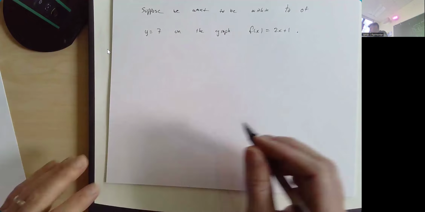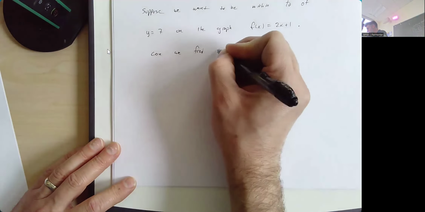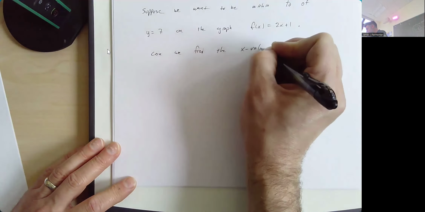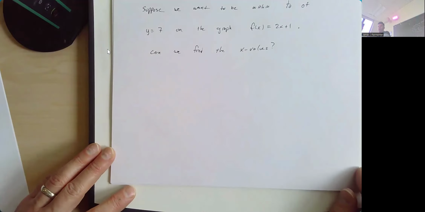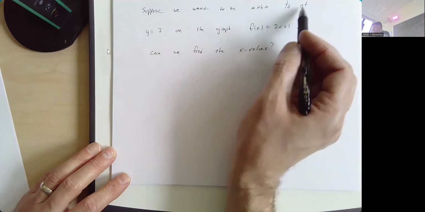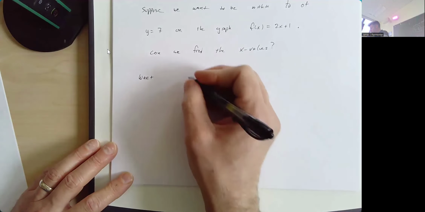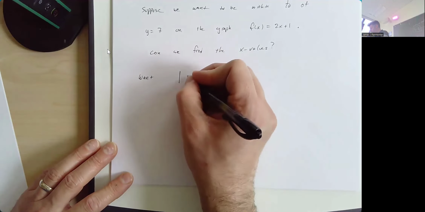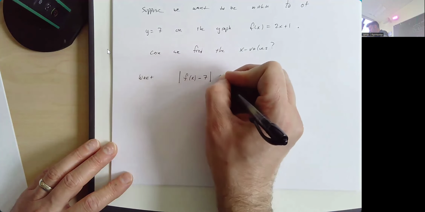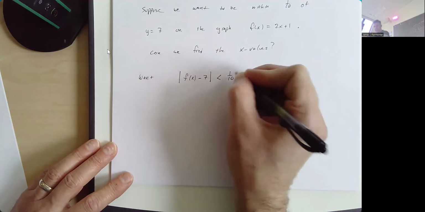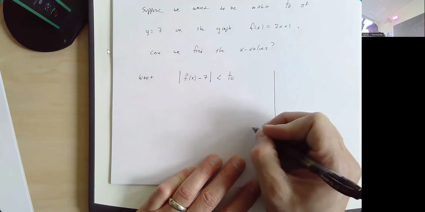Well, let's do it. So I want to be within 1/10 of y equals 7. So I want the absolute value of f of x minus 7 to be less than 1/10. Again, graphically, here's what we're saying.